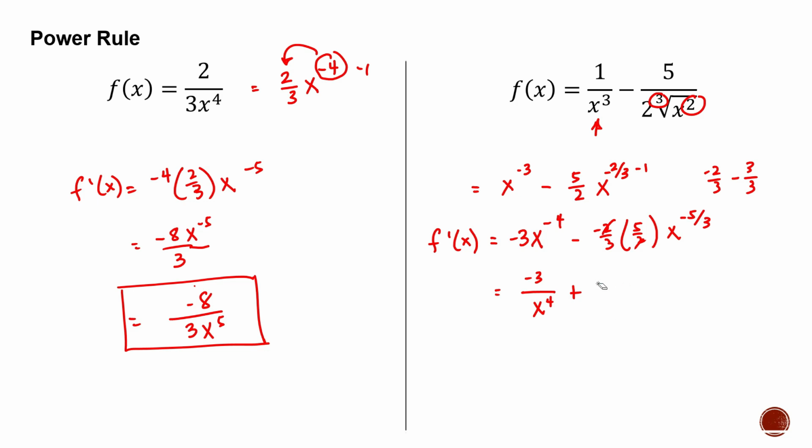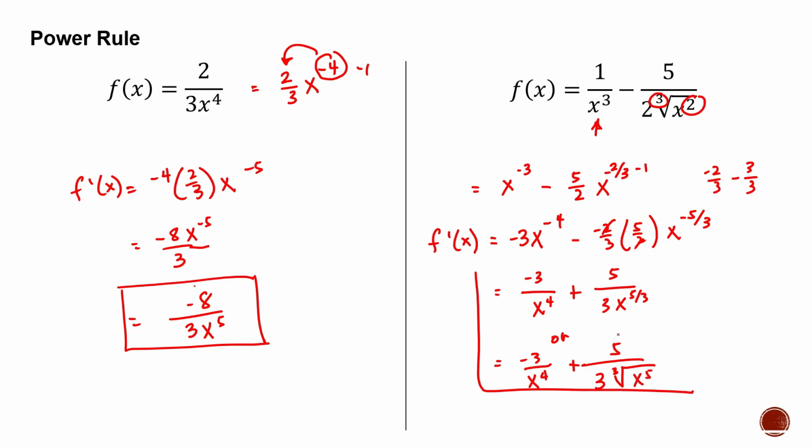Okay, again, let's put that negative exponent in the denominator to make it positive. And then let's convert that. You can actually write it like this if you want, or you can convert that into radical. So 5 over 3 cube root of x raised to 5. So either of those two.